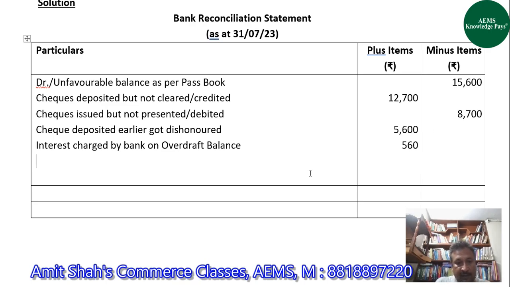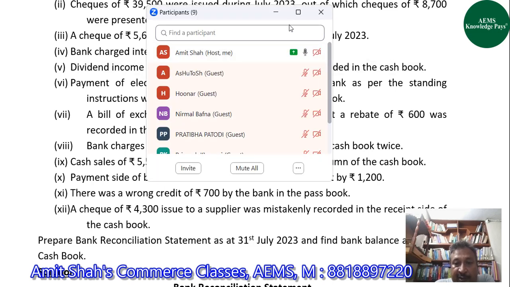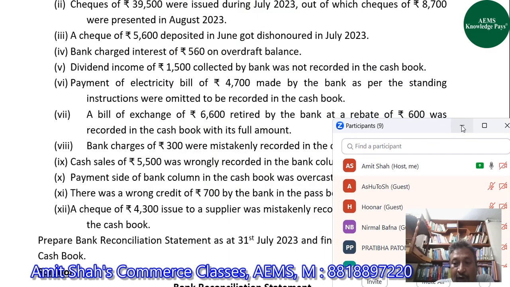Right, guys, all? The next one is dividend income of 1,500 collected by the bank was not recorded in the cash book. The bank has directly collected dividend income on our behalf because of our such arrangement with the bank. However, we ourselves forgot to record this in our cash book. Had we recorded this in our cash book, the balance would have been more or less, guys? I'm asking you all.